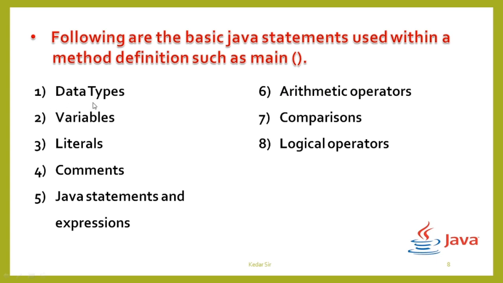First one, data types, variables, different types of literals or the constants available in the Java program, comments, Java statements and the different expressions. After that, arithmetic operators, comparison operators and logical operators. So we start with the first one.